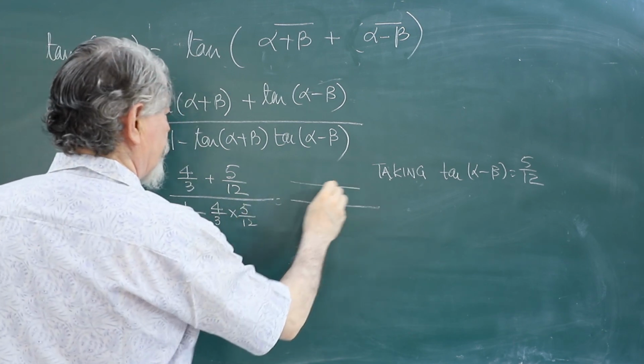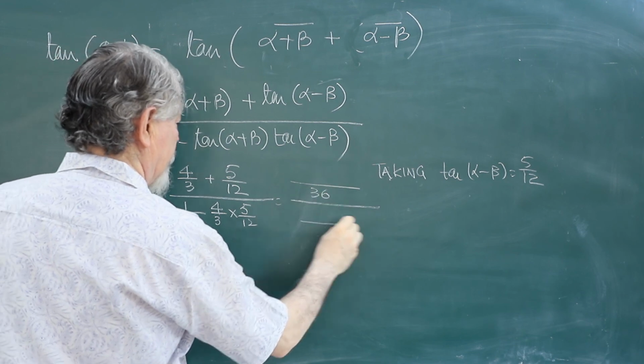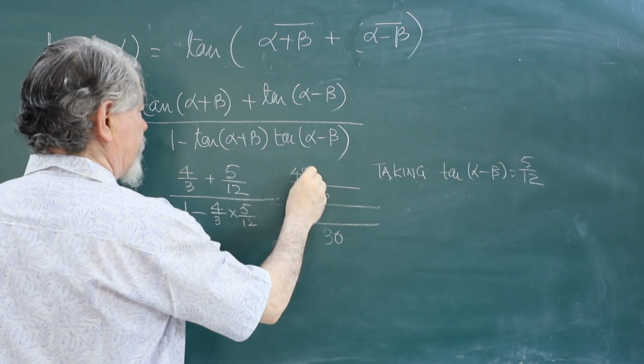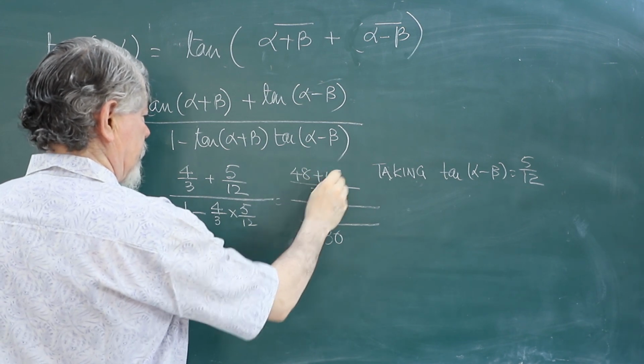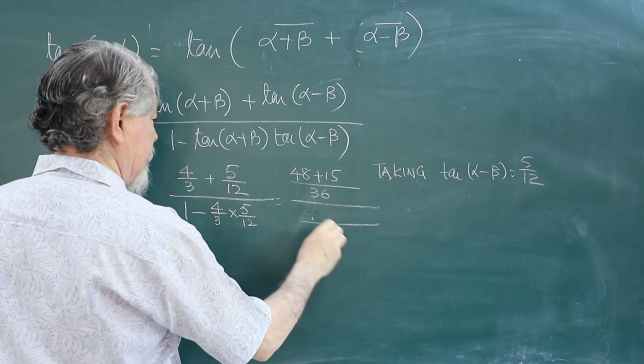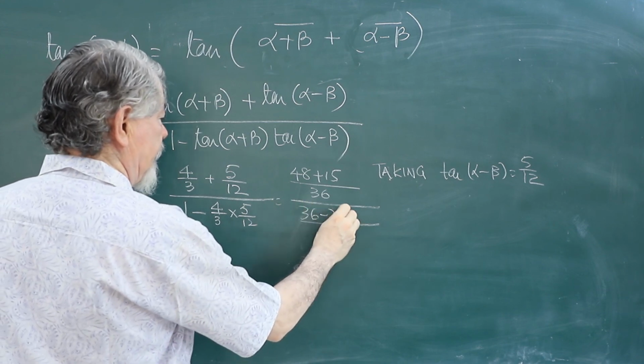The LCM will be the same, 36 here, 36 here. 12 fours are 48, plus 15, and here it will be 36 minus 20.